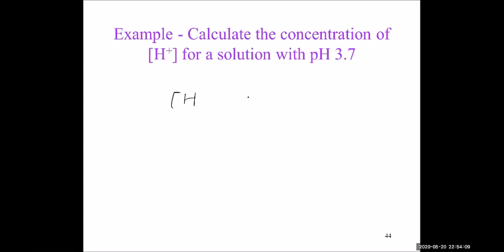Basically, you do the anti-log. If you have a pH, use this equation to calculate. Say the pH is 3.7. Just substitute the pH with 3.7, and your calculator will give you a very small number because this exponent is negative.